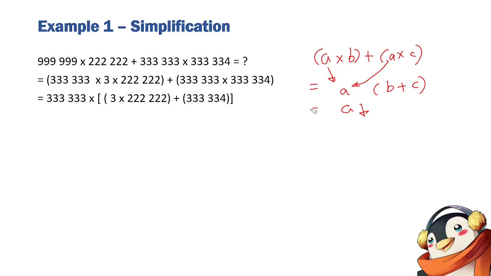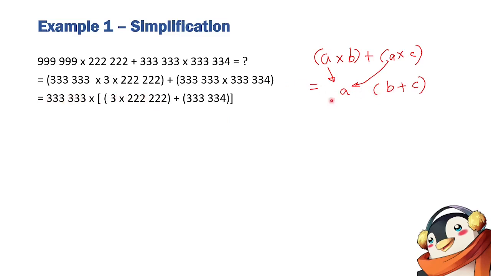So it's the same principle basically. You have A, which is the 333,333, and then you have this.